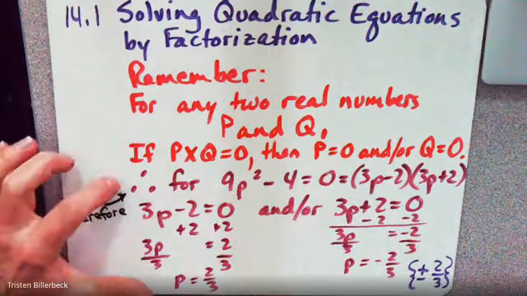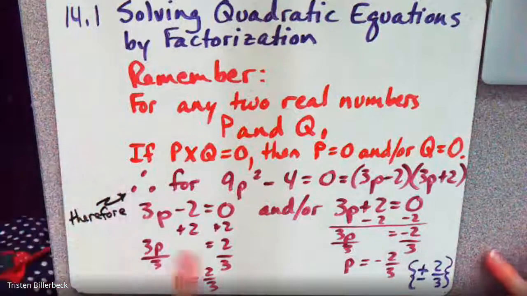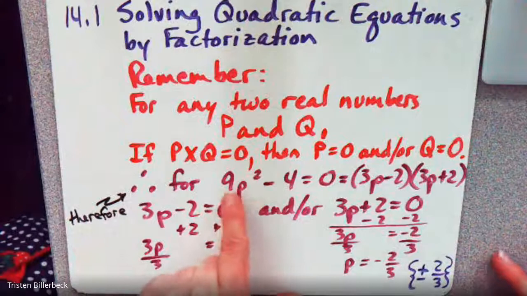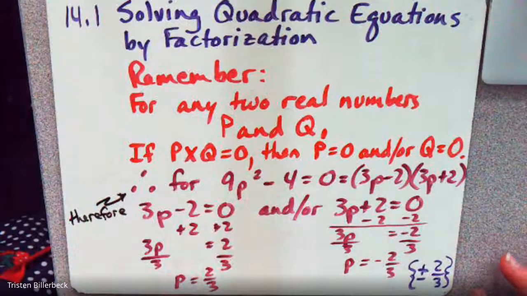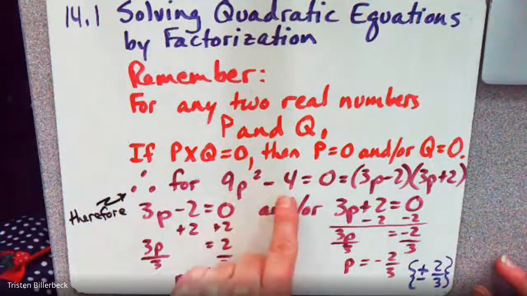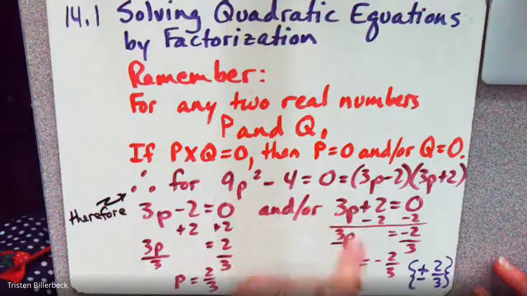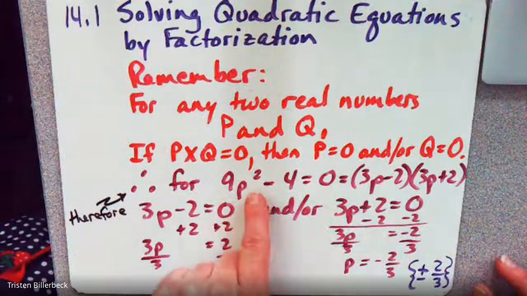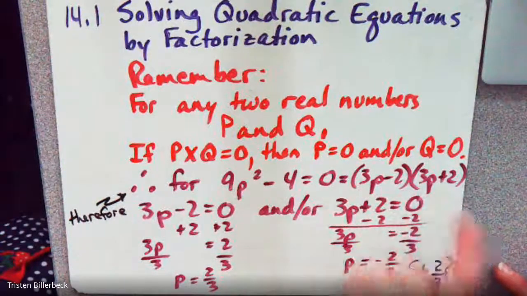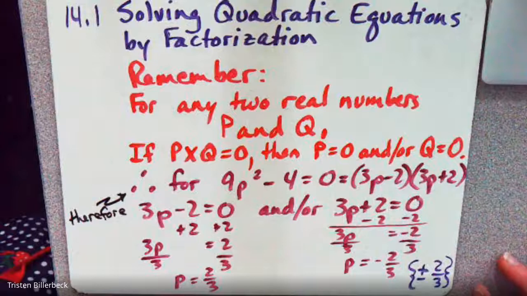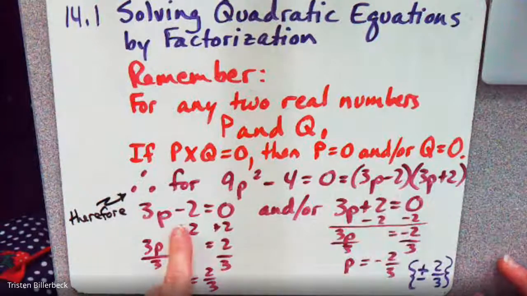So these three dots mean therefore. For 9p squared minus 4 equals 0, which we factor, since it's a difference of squares, as 3p minus 2 times the quantity 3p plus 2. So what we can do is set this one equal to 0 and this one equal to 0.